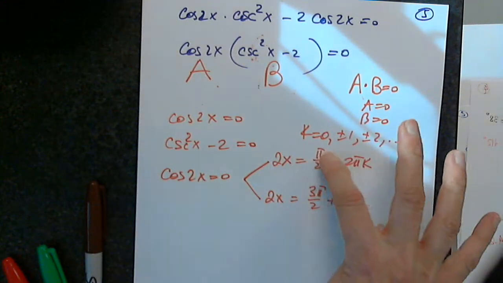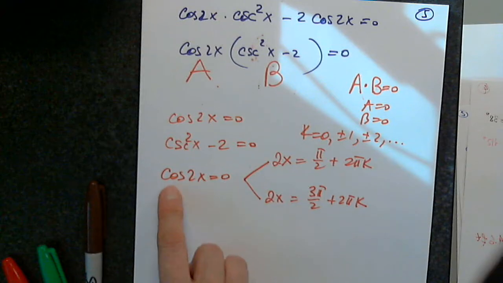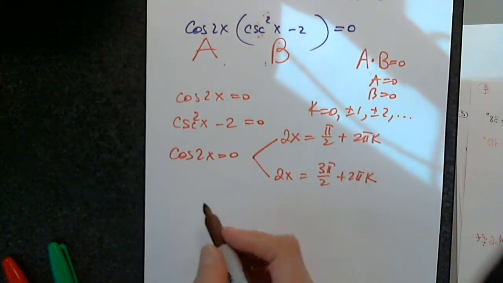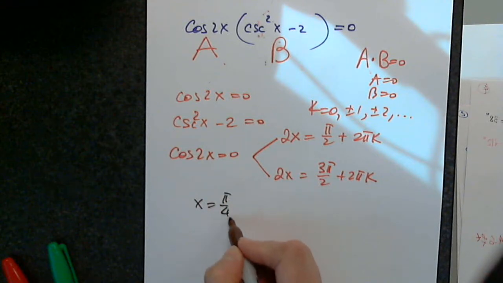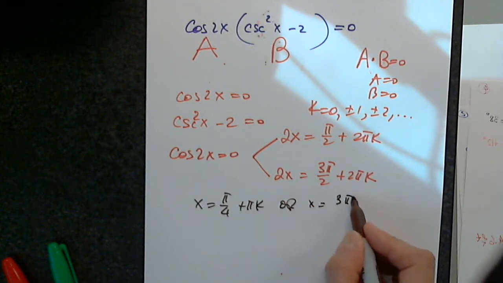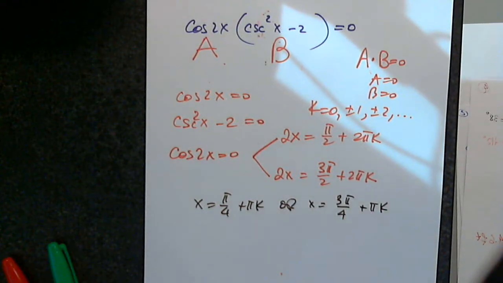And I say 2x can be this or this, because that's where cosine is 0. And the final step, I have to divide by 2. So x equals pi over 4 plus pi k, or x equals 3 pi over 4 plus pi k. I divided everything, both sides, by 2.